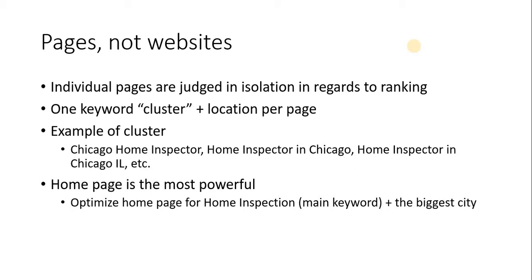So the way keywords work nowadays, Google's getting really, really smart, right? You don't need to write exactly, let's say you wanted to rank for Chicago home inspector, or let's say home inspector Chicago. Let's say that's the keyword you wanted to rank for. I don't care how you spin it, you can't naturally fit that into a sentence without looking like you're just adding it for the sake of SEO, right?